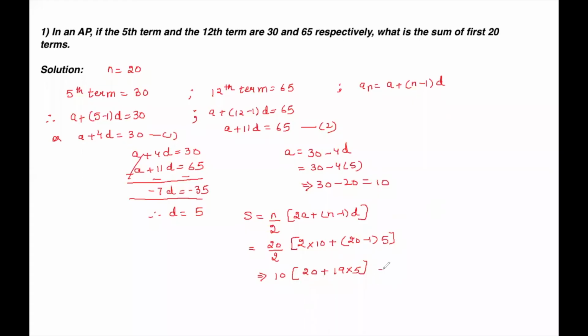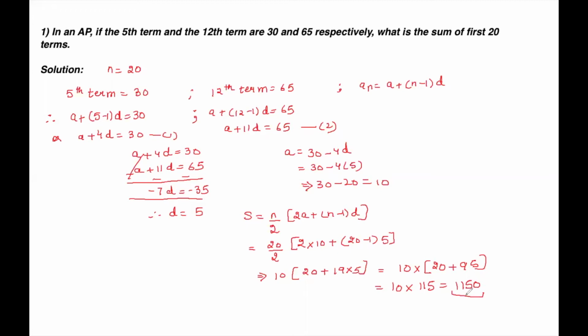So what I will get here is 10 into 20 plus 95. So this is equal to 10 into 115, and the final answer is 1150. Fine. So the sum of the first 20 terms of an AP would be equal to 1150.